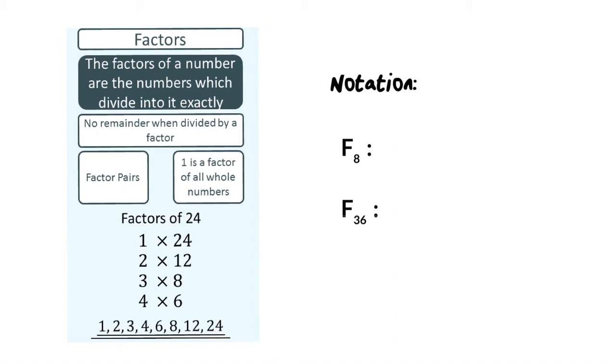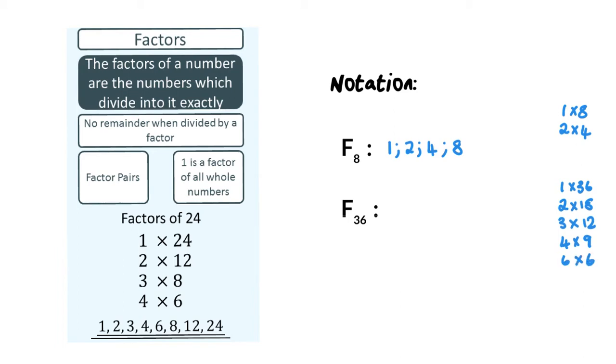Let's try this for the factors of 8. So 1 times 8, 2 times 4, 3 does not go into 8, and 4 has already been used. Therefore, when listing them, I can say 1, 2, 4, and 8. Let's try the same for 36. 1 times 36. 2 times 18, 3 is multiplied by 12, 4 is multiplied by 9, 5 does not go into 36, and my next number is 6 times 6.